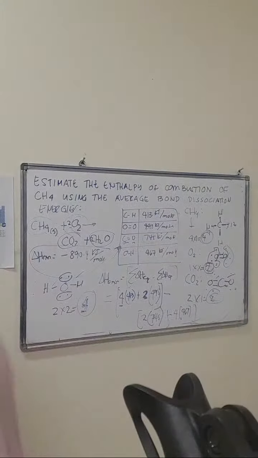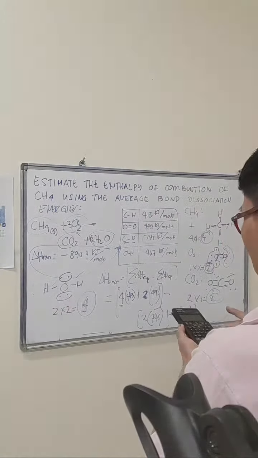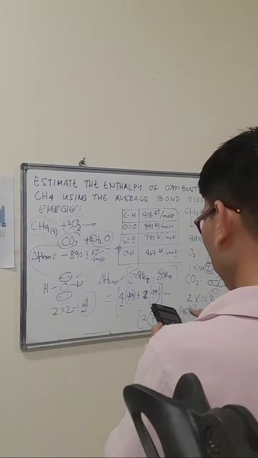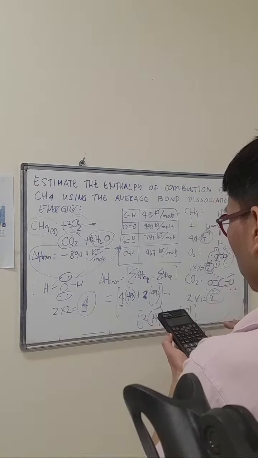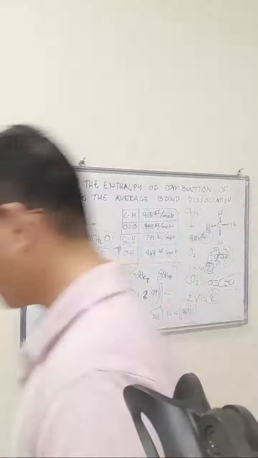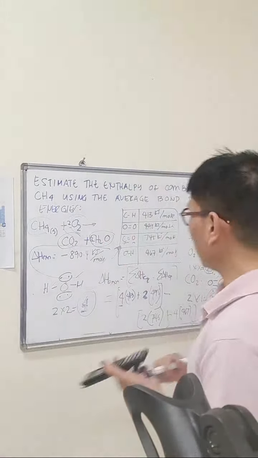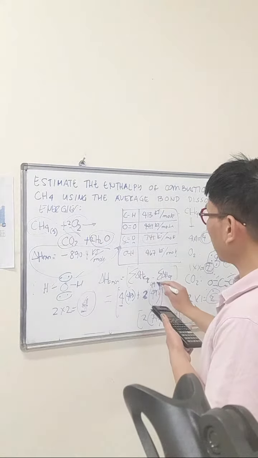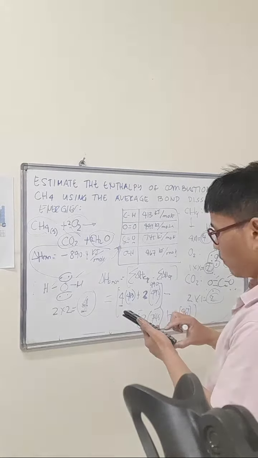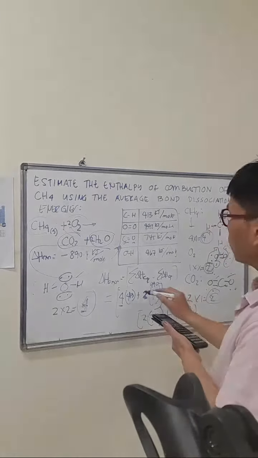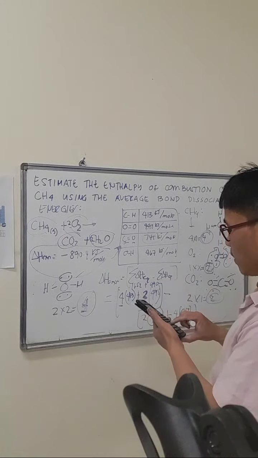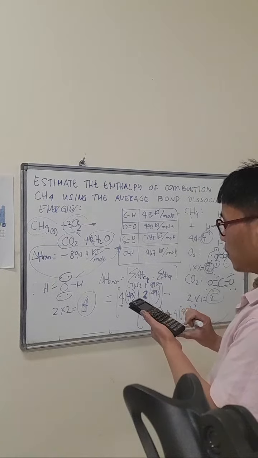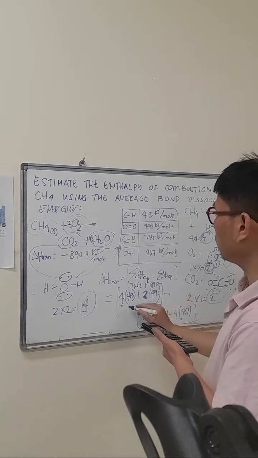So 2 times 495 is equal to 990. The other one, 4 times 413, is equal to 1652. Adding 990 gives 2642.